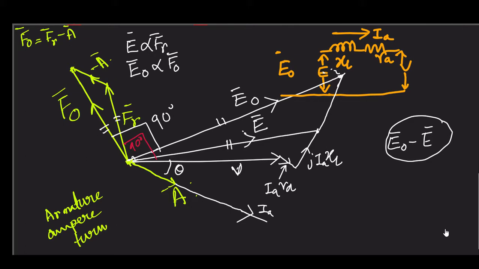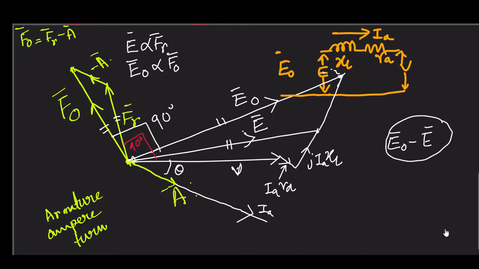Now what we can write, this angle, from Fr, this is 90, from F naught, this is 90.